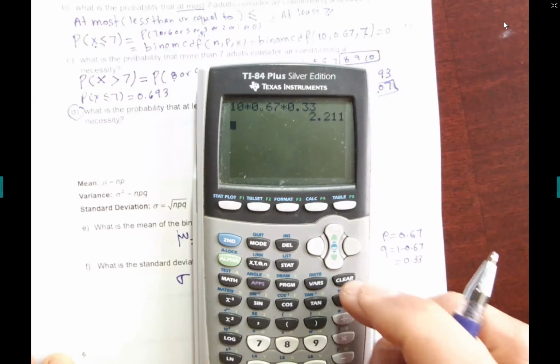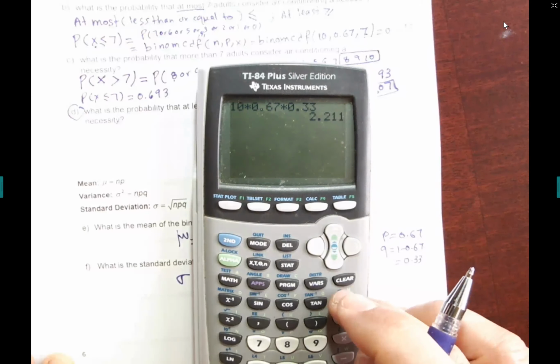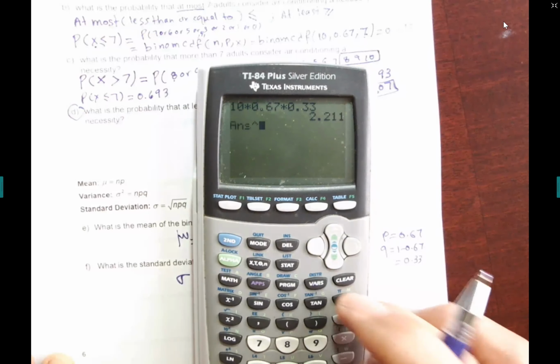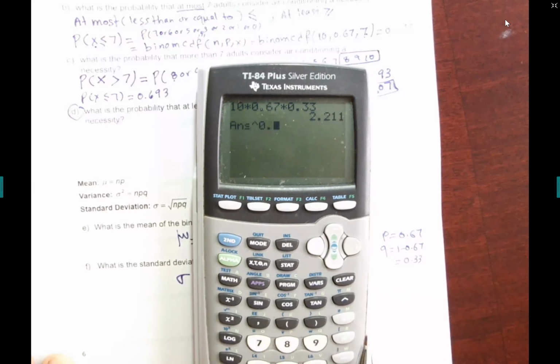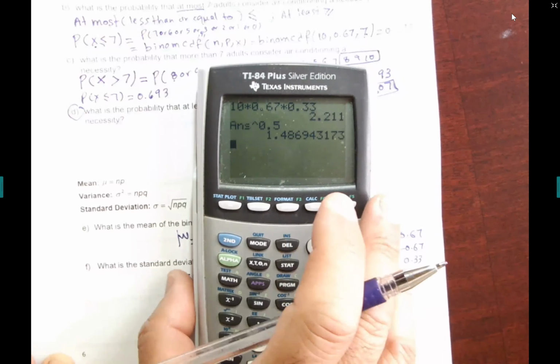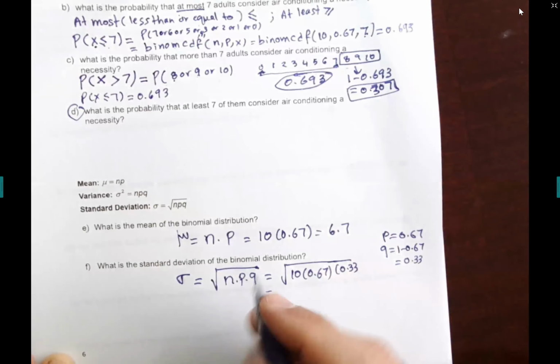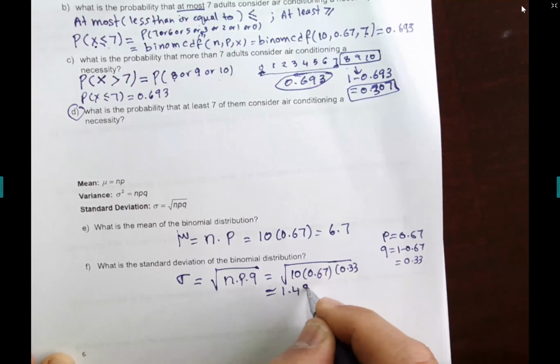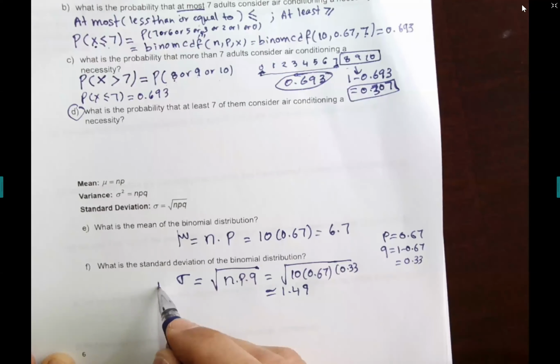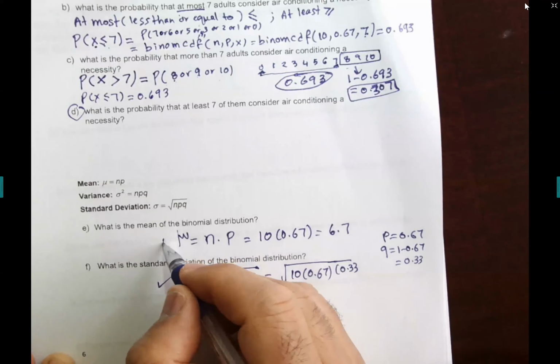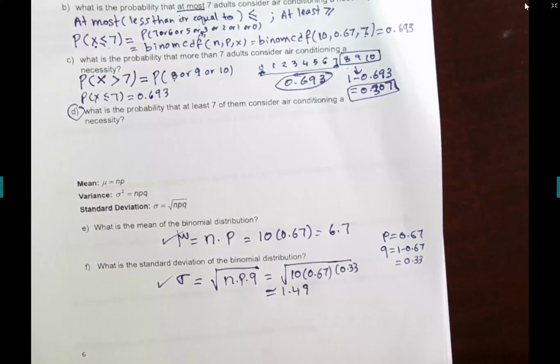And then you need to square root it. Look, how do I square root, guys? You don't need the radical sign. Just raise it to the power 0.5. And that's 1.49. So this is the standard deviation of the binomial distribution. And this is the mean of the binomial distribution.